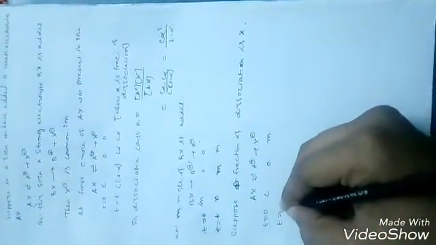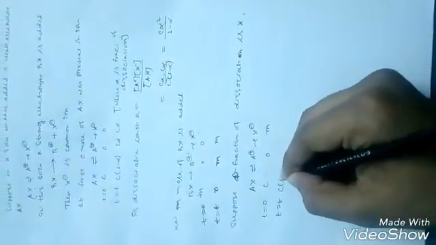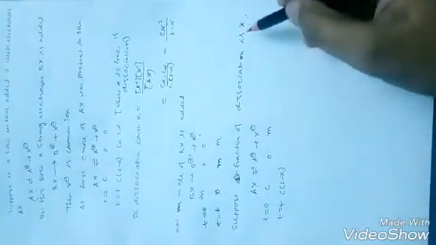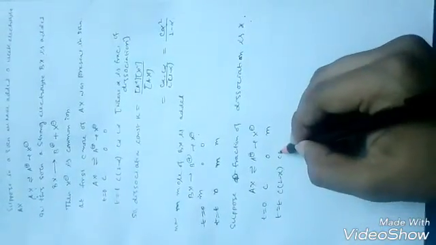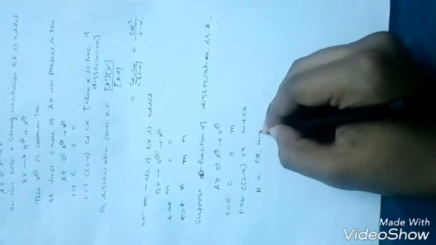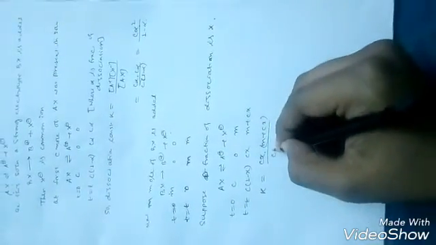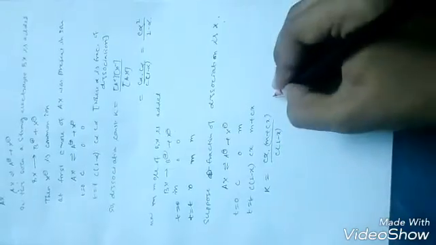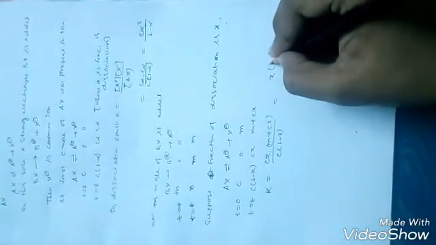At t equal to t, it is C into 1 minus x, because alpha is changed to x. It is Cx and M plus Cx. Now the dissociation constant K equals Cx dot M plus Cx by C into 1 minus x, which equals x into M plus Cx by 1 minus x.